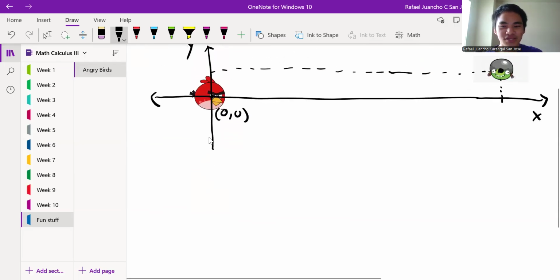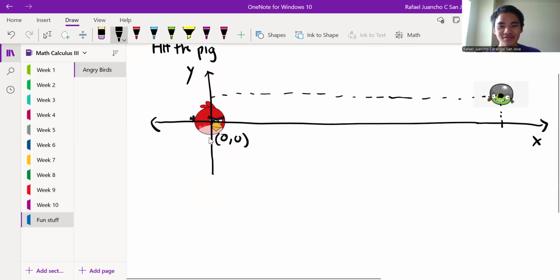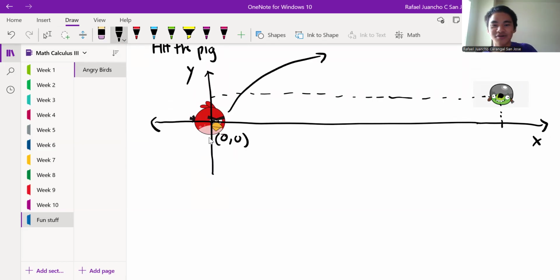So maybe we might want to use some angles here, some curves, because when you use the slingshot, we pull back the bird, and when we release it, it's gonna go up, and then eventually it's gonna hit somewhere, not necessarily the pig. The bird could land here, or here at some other point, or in a structure. Or, lucky enough, it could even land on the pig.